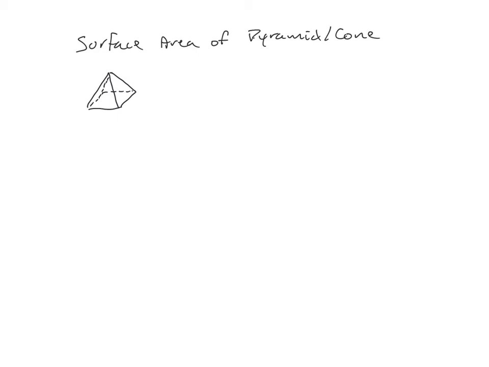So the formula for a pyramid is... okay, so if you remember from yesterday, the B is area of the base.